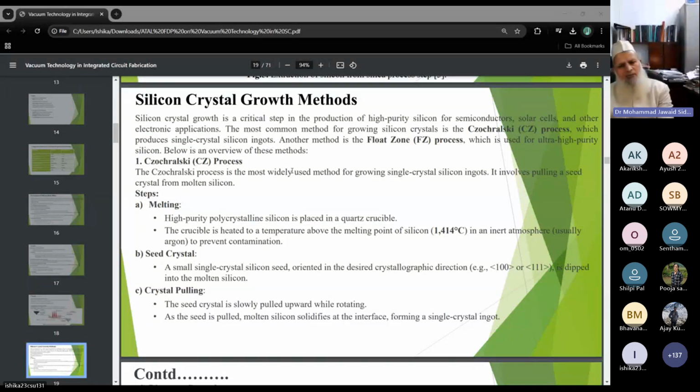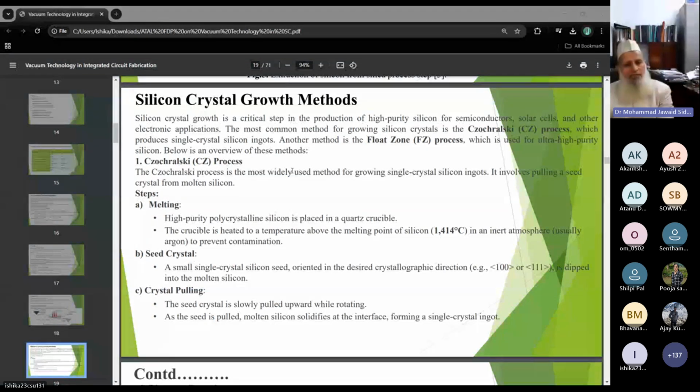Single crystal silicon has a mobility of around 1000 centimeter square per volt second, while polycrystalline silicon may have a mobility in the range of 10 to 100, and amorphous silicon may have a mobility of 1 or less than 1. So all the electronic devices are fabricated on single crystal silicon because that has good mobility.